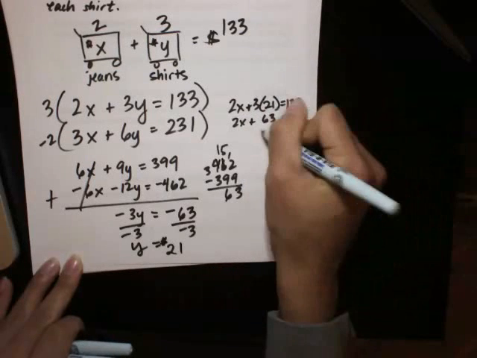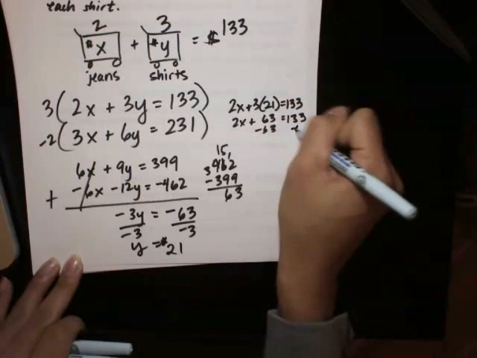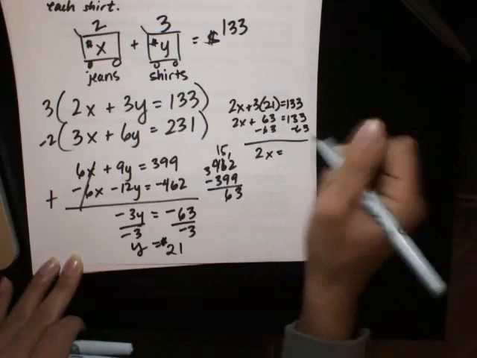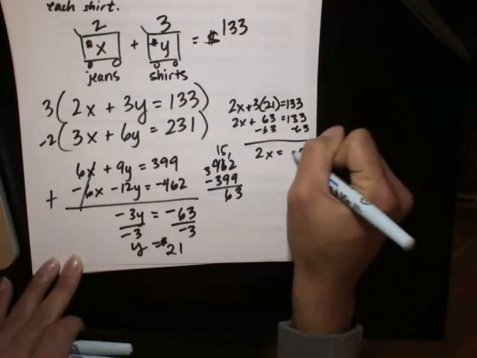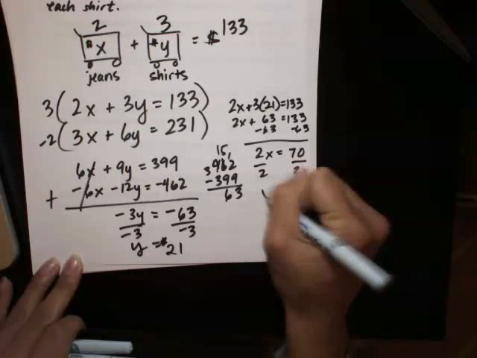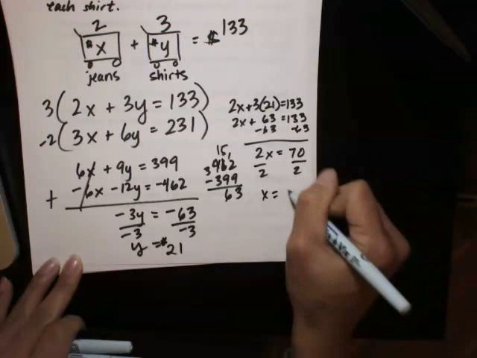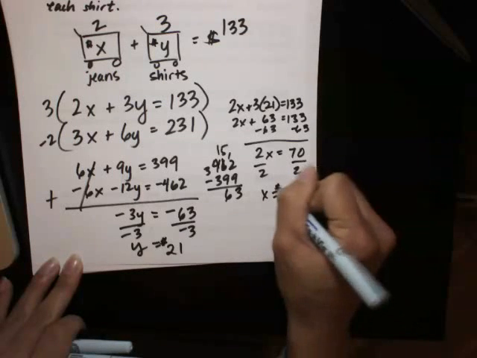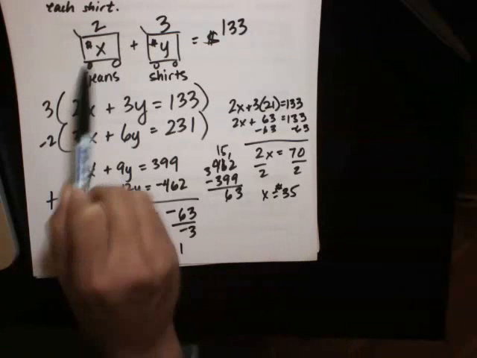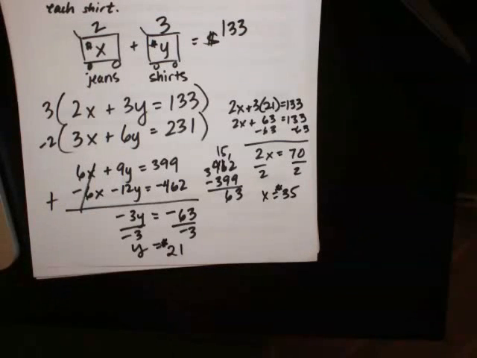So to solve the equation, I'm going to subtract 63 on both sides. 2x will be equal to 70. Dividing by 2, x will be equal to 35. And again, this is in dollars because x is the value of the cost of your jeans, each pair.